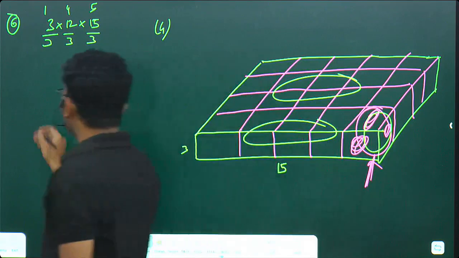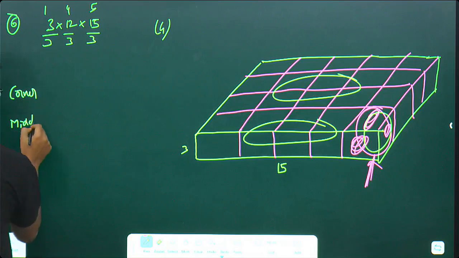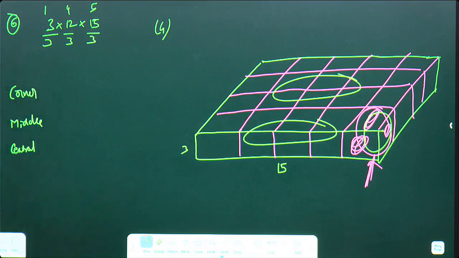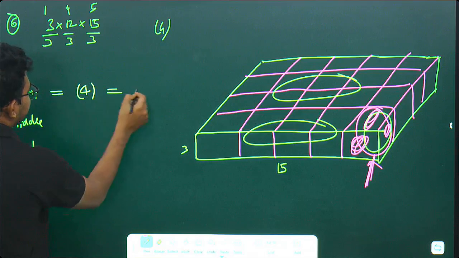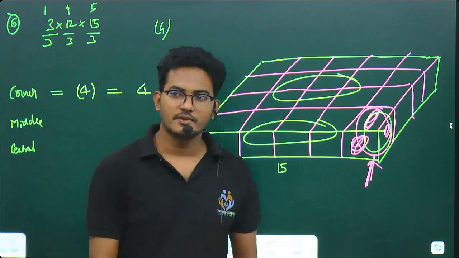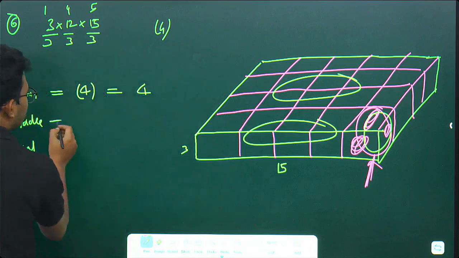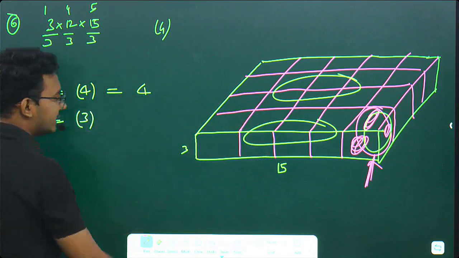So corner, middle, and central. Here you won't find inner central cubes. For corner cubes, those are 4 surfaces painted, and you'll find 4. For middle cubes, they are 3 surfaces painted.